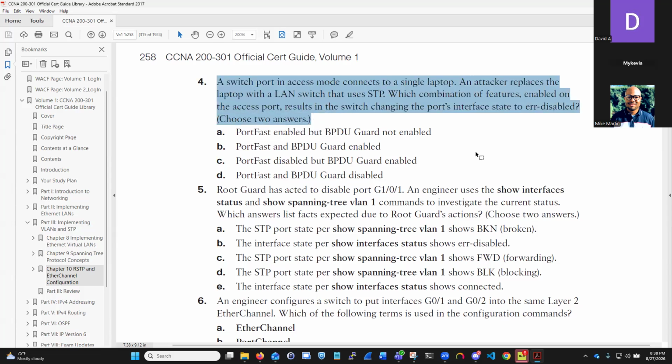Take your time with this. Options include PortFast enabled but BPDU guard not enabled, and both enabled.